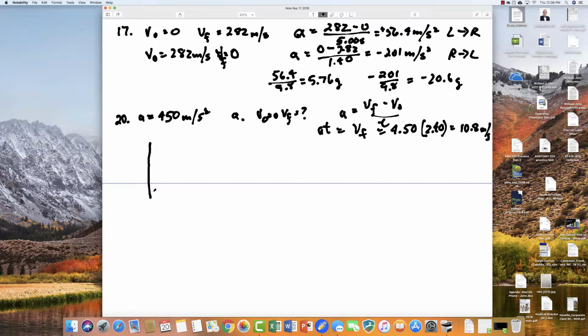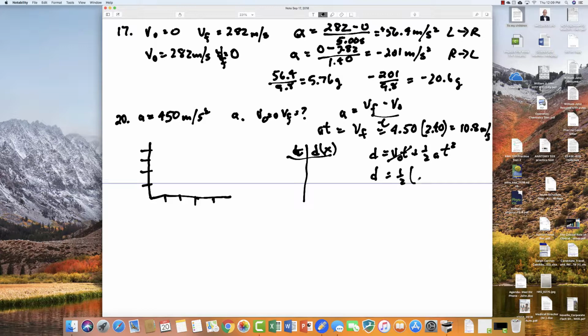What you would do is you would have time on this axis and position, or the x coordinate, on this axis, and you know that d is equal to v0t plus 1/2 at squared, and v0 is 0, so d is going to equal 1/2 times 4.5 times t squared.